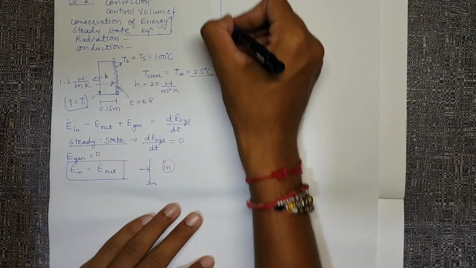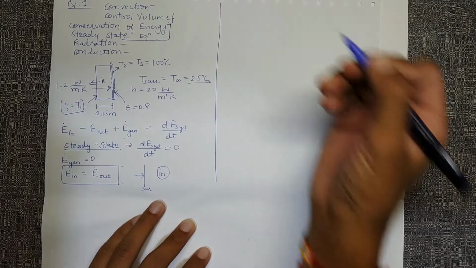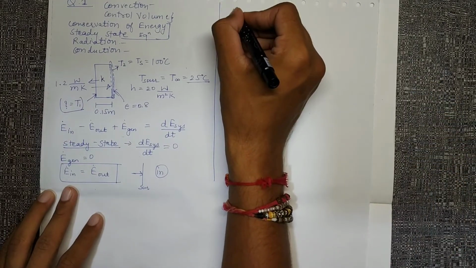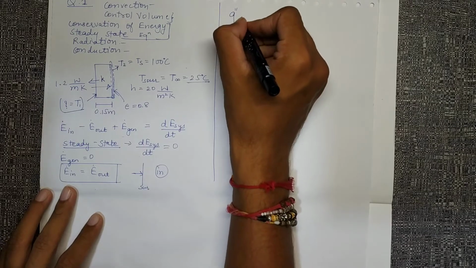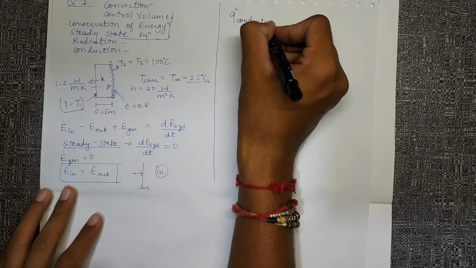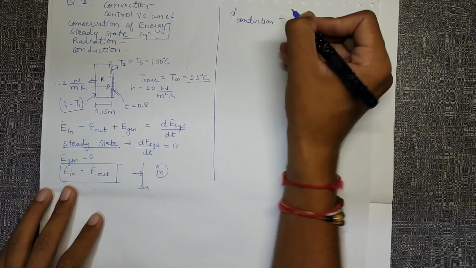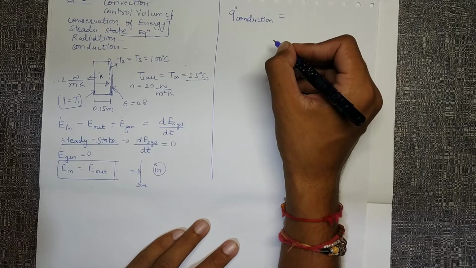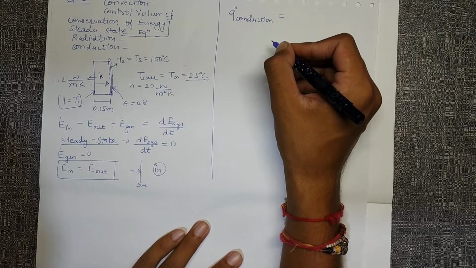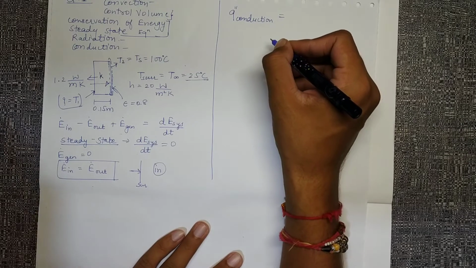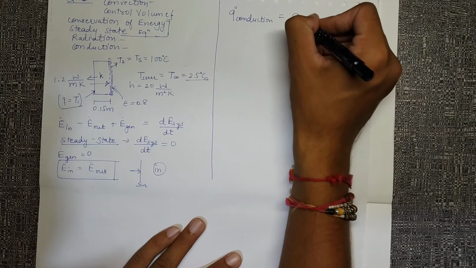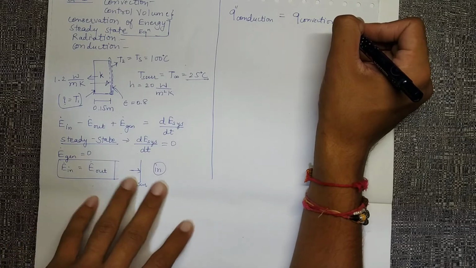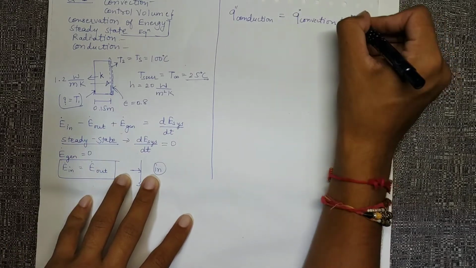Okay. So now the continuation: whatever is coming in is heat Q double dot using conduction, and whatever is going out will be due to convection and radiation.